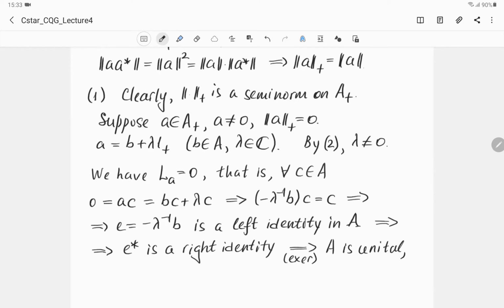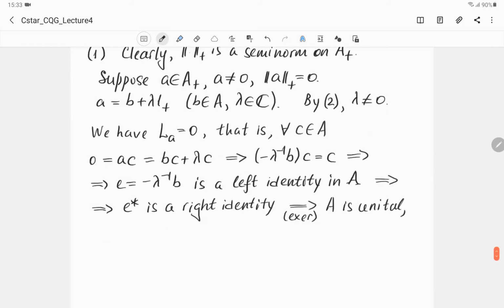And this is a contradiction, because we have assumed that A is strictly non-unital. It has no identity. So this contradiction implies that our seminorm is indeed a norm on A+.